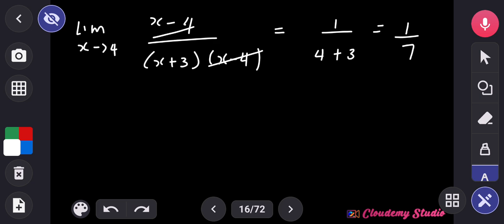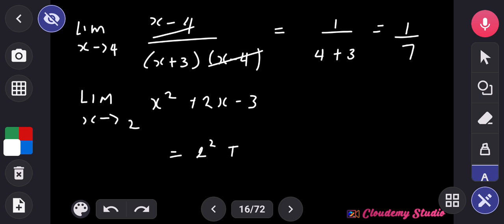You understand? Let's take another example. Let's say we have something like limit of x tends to 2 of x squared plus 2x minus 3. You understand? That's going to give you a normal thing. That's just going to give you what? 2 squared plus 2 multiplied by 2 minus 3.